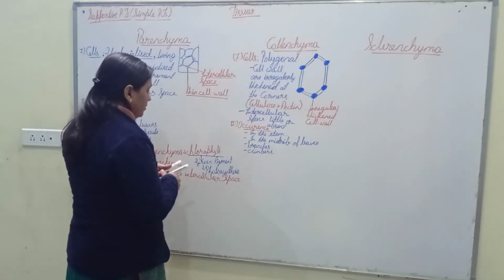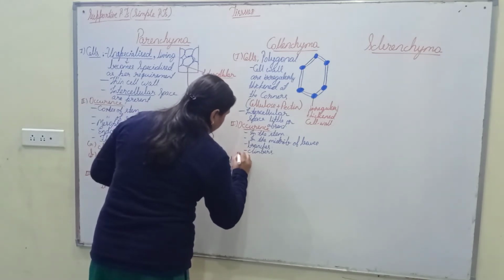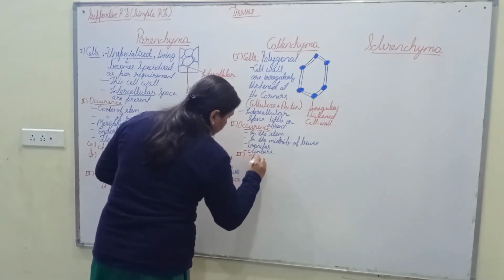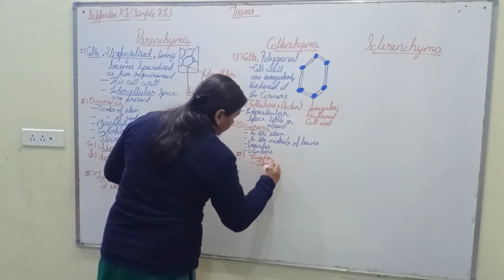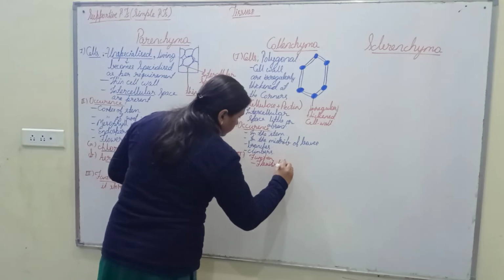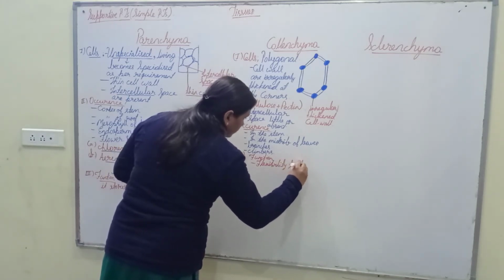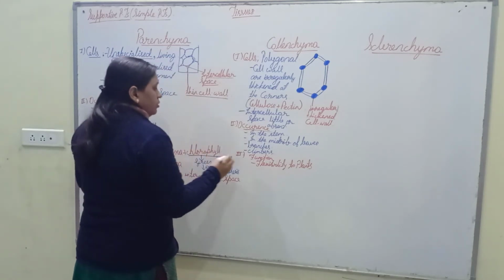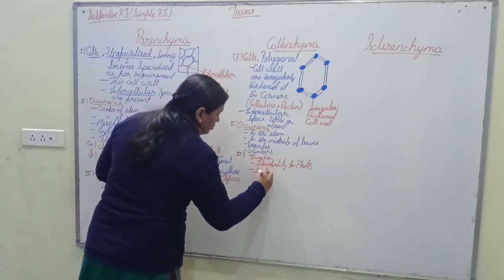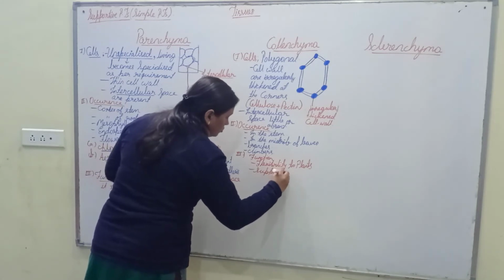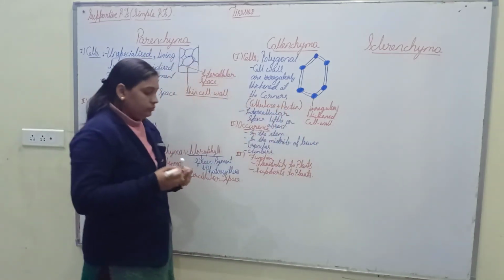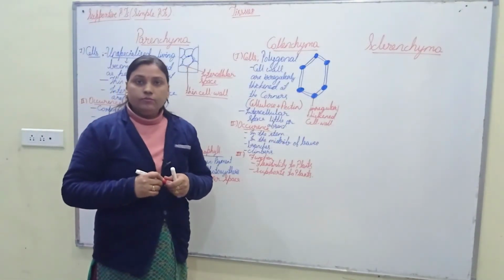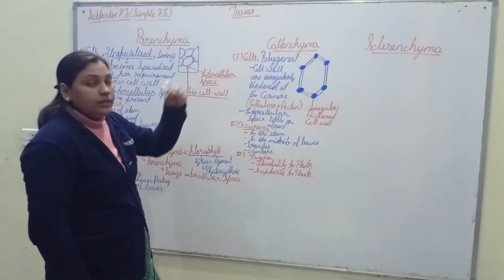So this is collenchyma and the function of collenchyma: it provides flexibility and support to plants. So bending of branches and leaves takes place only because of these collenchymatous cells.